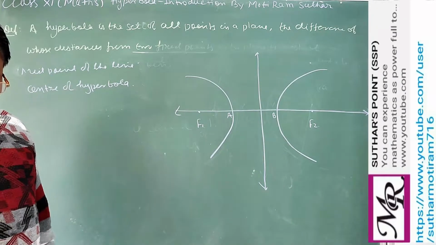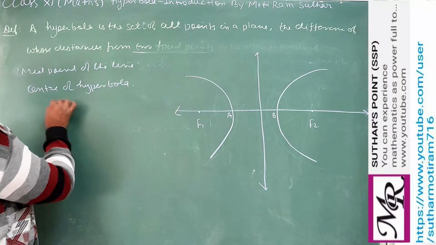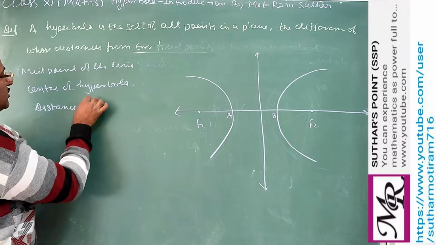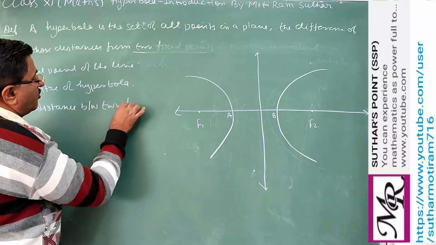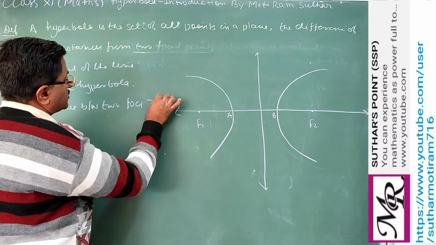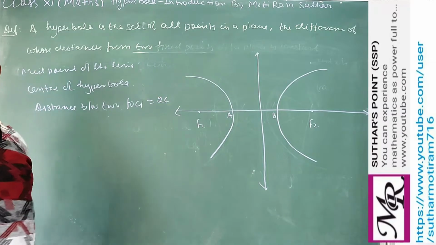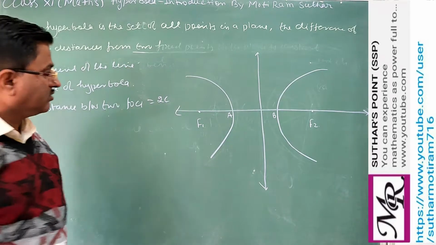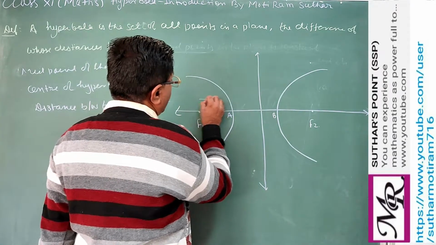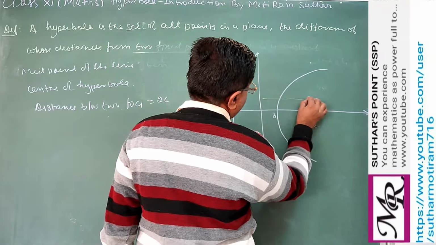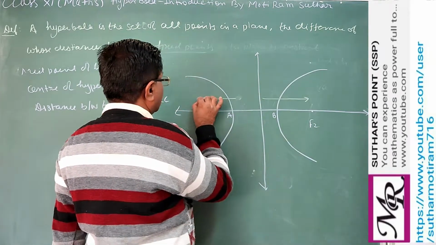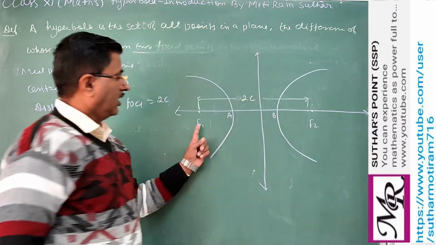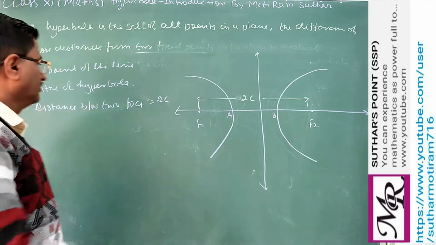Now see, we denote the distance between two foci. The distance between two foci, as in the ellipse also, we call it 2C. ये आपने ellipse में भी देखा था, distance between two foci. From this point to this point, that is F1, F2.